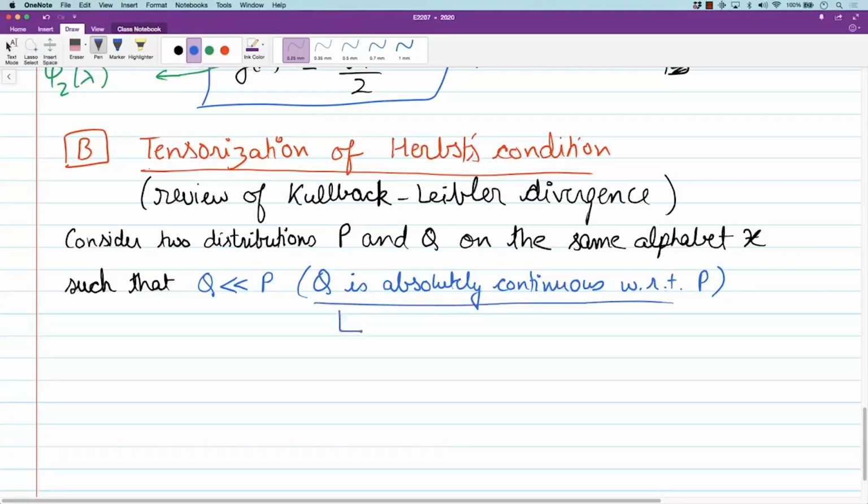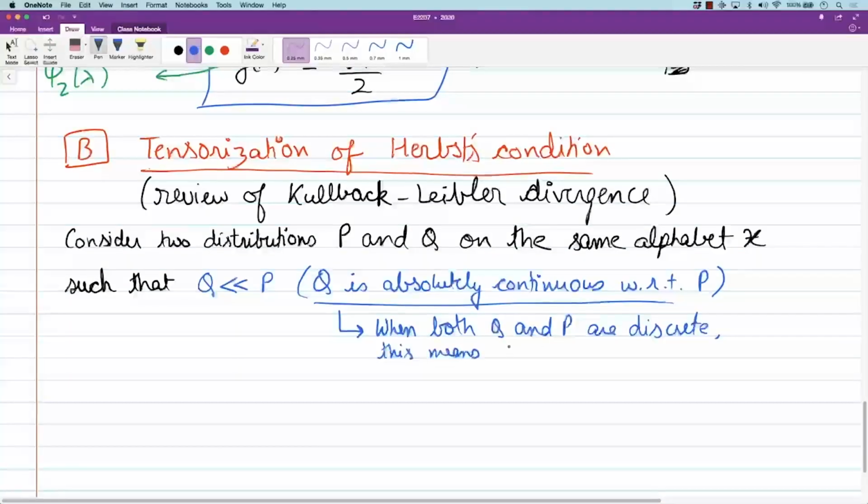It can mean different things. It's a very general condition. When both Q and P are discrete, this means that the support of Q, the set of points where Q puts mass, is contained in the support of P. So if P of x equals 0 for any point, Q of x must be equal to 0.